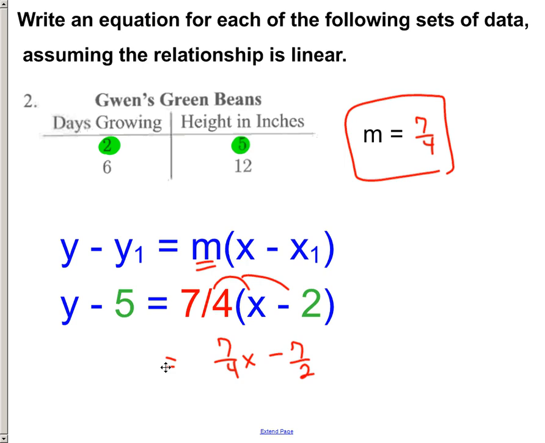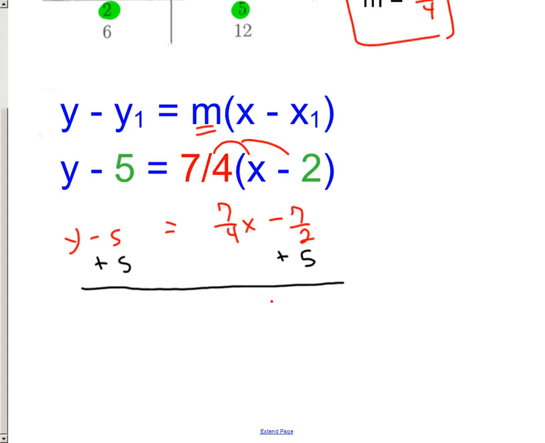There we go. So y is going to be equal to 7/4 x, and negative 7/2 plus 5 is positive 3/2.